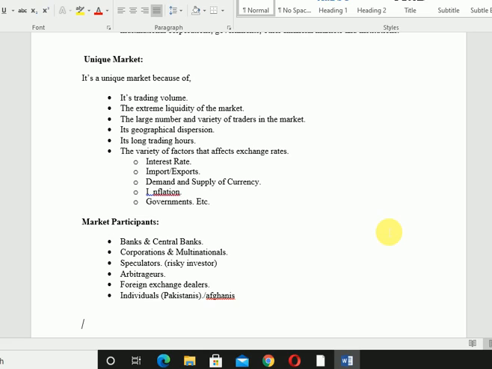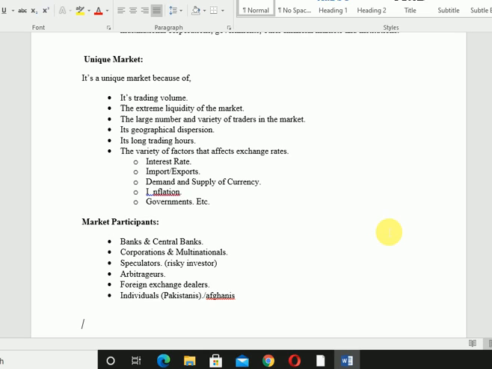The third point of the uniqueness of this market is the large number and variety of traders in the market. Huge numbers are involved in this market, and variety of traders means different types of traders, either individuals, firms, or governments.